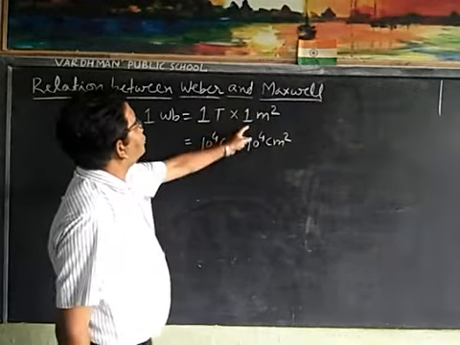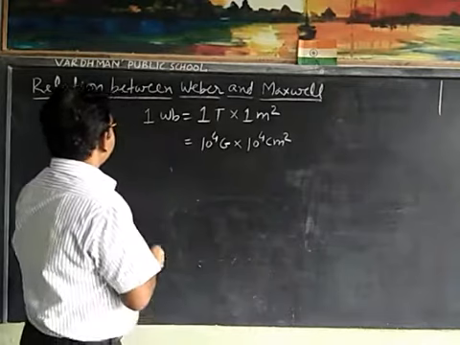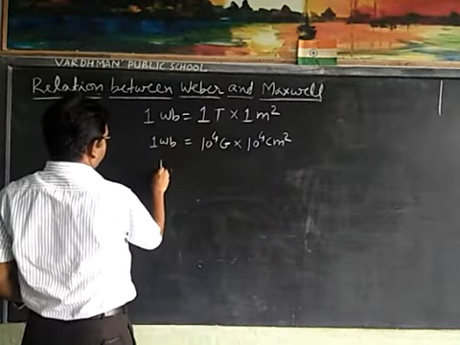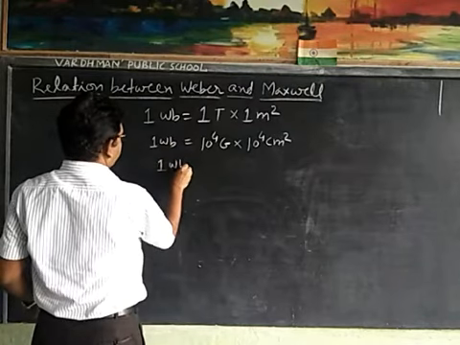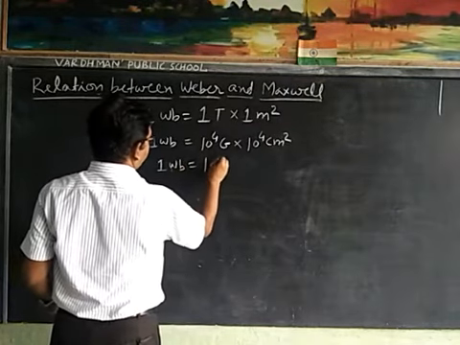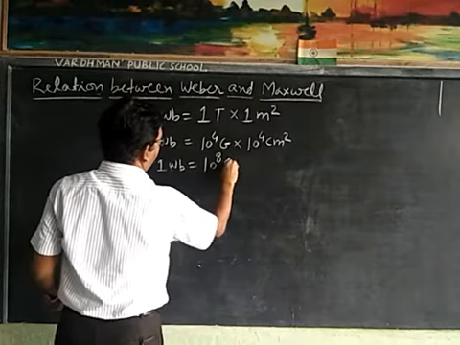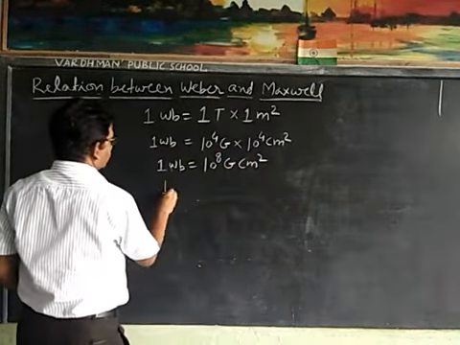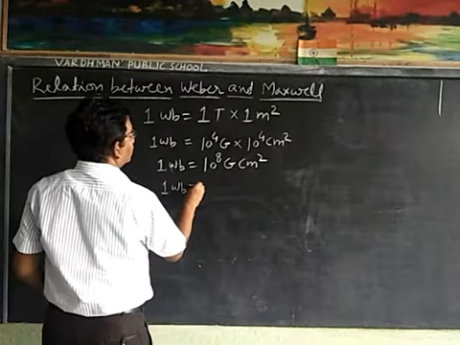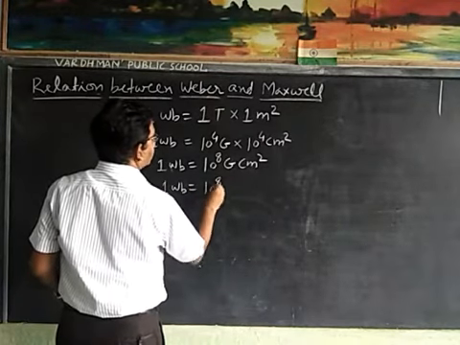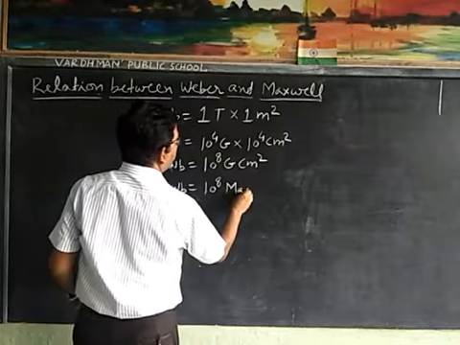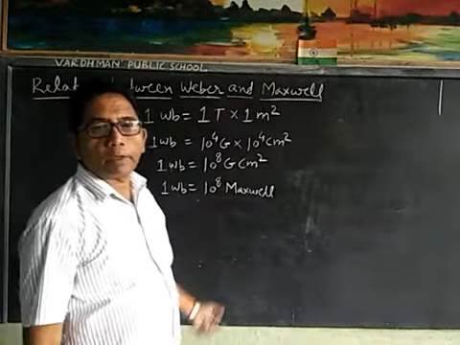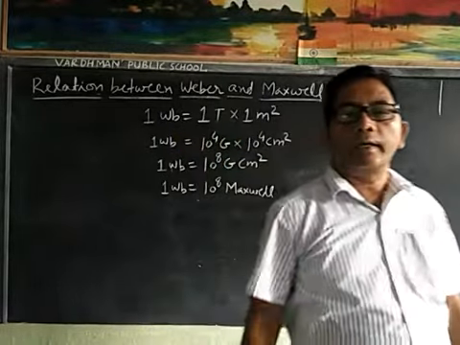That is, 1 Weber is equal to 10 power 8 Gauss centimeter square. That is, 1 Weber is equal to 10 power 8 Maxwell.